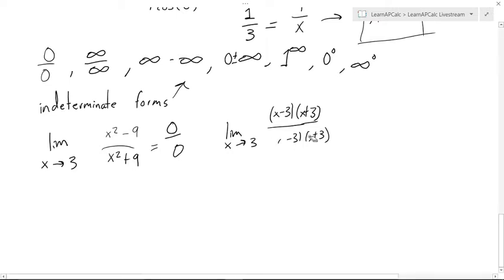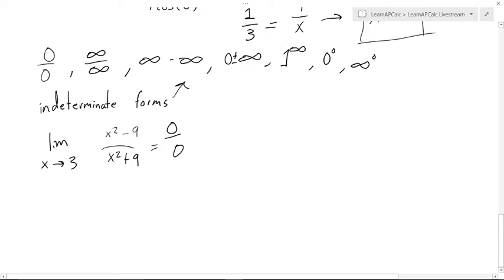But not so fast, because this x squared plus 9 means that this can't be factored by the difference of two squares. Difference of two squares is literally one number squared subtracting another number that's squared. Here we have an addition sign, so it can't be factored that way. So we're going to have to do something else.